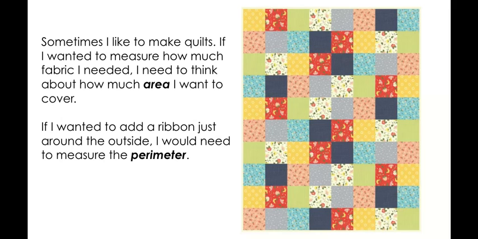I want the blanket to cover me. So I need to think about how much area I want to cover. But if I wanted to sew a ribbon around the outside of this quilt, then I would need to measure the perimeter, the distance around the outside. I wouldn't want my ribbon to cover my whole beautiful design. So in that situation, I would just need to measure the perimeter.